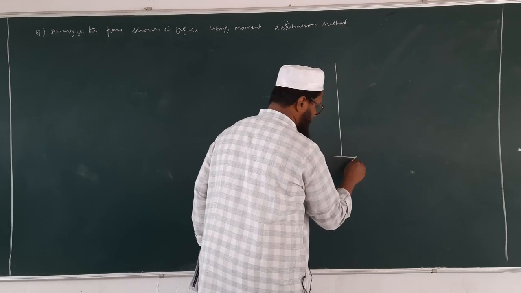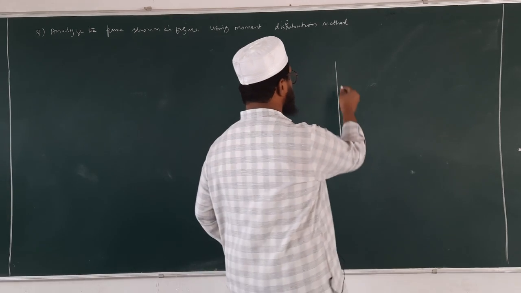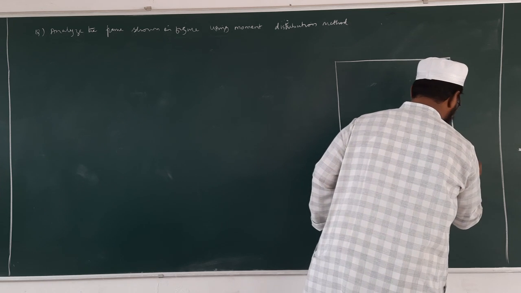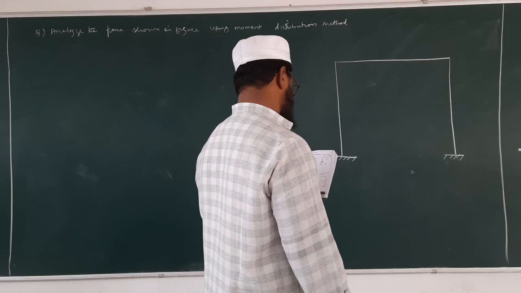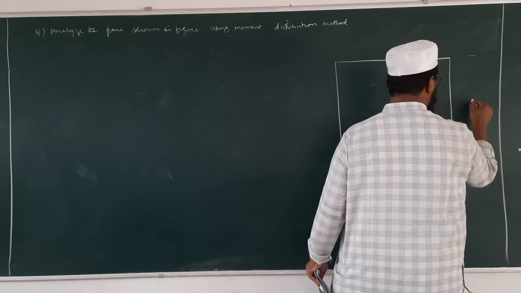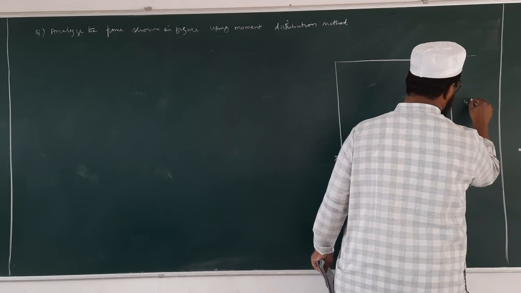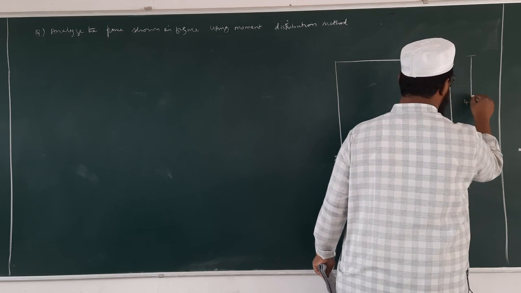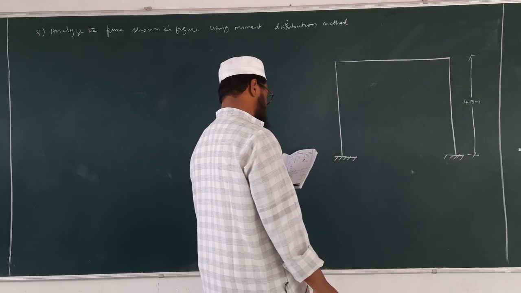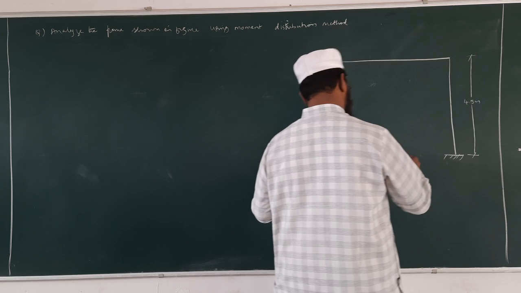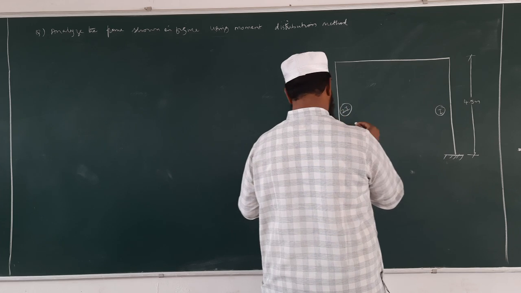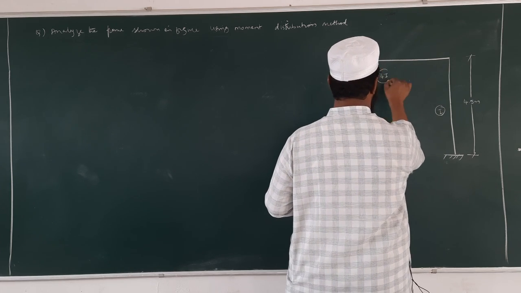The frame is given like this. The height of this frame is 4.5 meters, and this member is I, this is 2I, and this one is 4I.